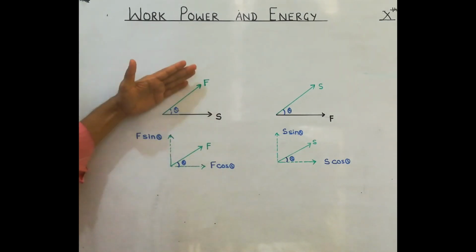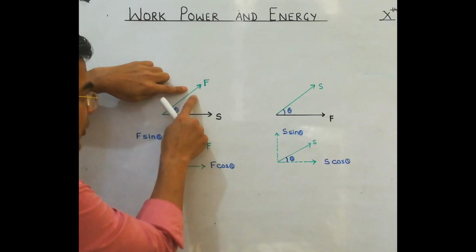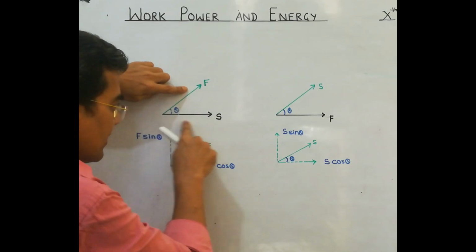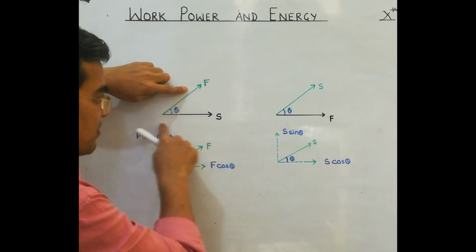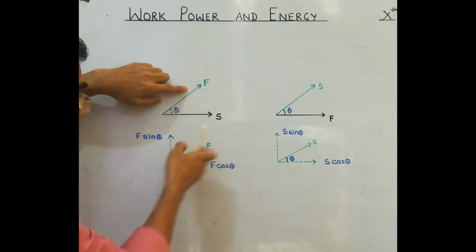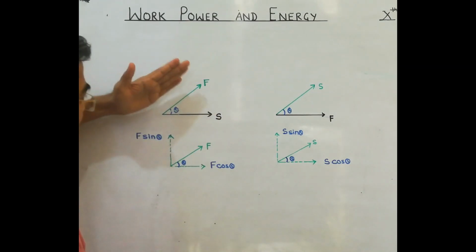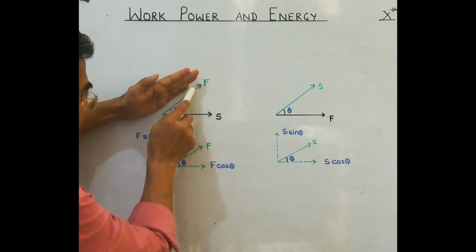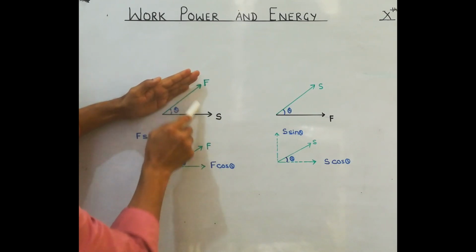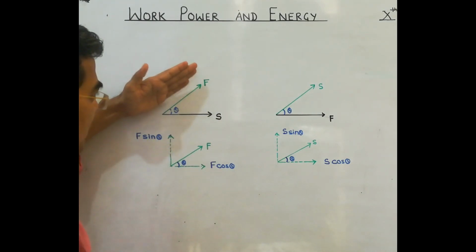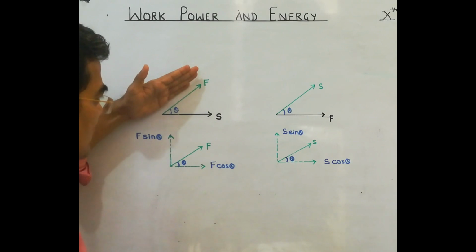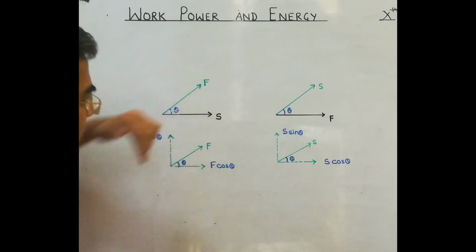What we need from here is the component of force which is in the direction of displacement. If force and displacement are not in the same direction, then what you need is the component of force which is in the direction of displacement.